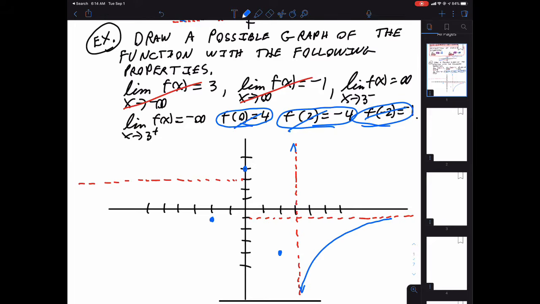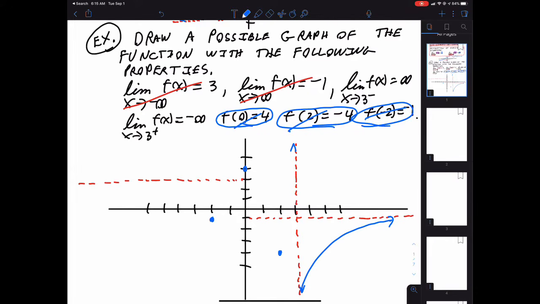It could actually look like this, like I did before. That's a possibility. Or it could do this. So there's a lot of possible answers. I like just doing a very basic, intuitive graph with nice curves.